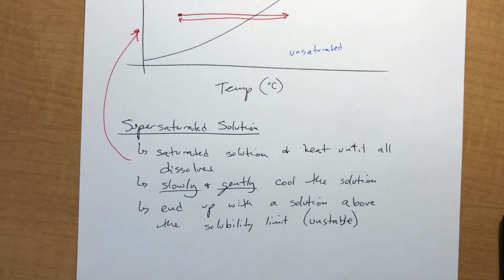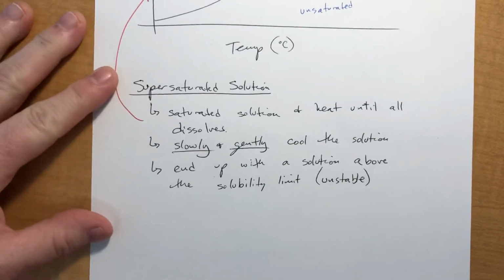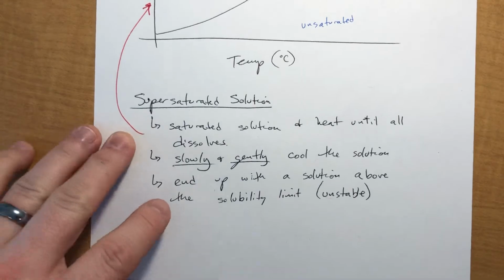It comes up a lot in organic chemistry, but I at least wanted you to get the concept. Okay. Speaking of organic chemistry, we can use this concept, the solubility idea, to purify impure crystals. Okay. This process is called recrystallization.